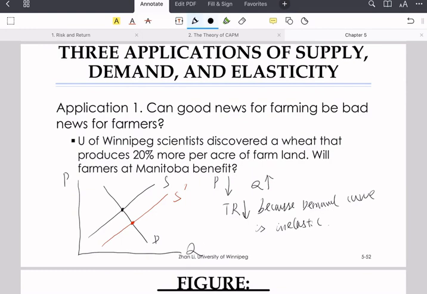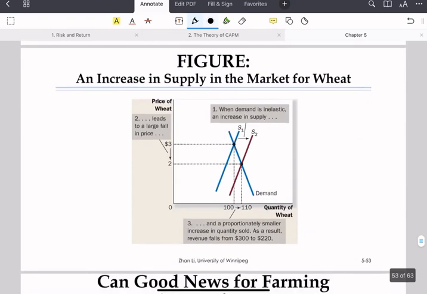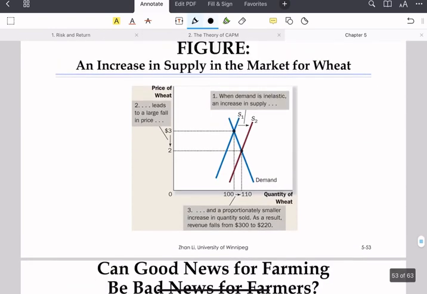Obviously, you have to remember the result we just discussed. That is, if a demand curve is inelastic, then price and total revenue move in the same direction. That is, higher price, higher total revenue. Lower price, lower total revenue. Now you have this textbook graph here.